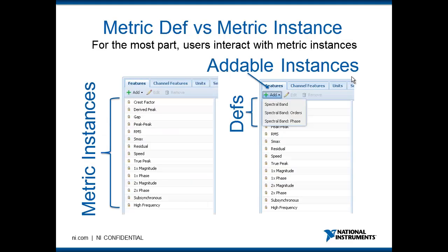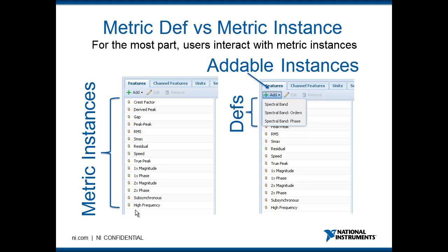So what I've done here is taken a screenshot of two tabs in the System Console section of the Systems Manager. This Features tab under the System Console shows an aggregate list of all the metrics that are available on any device for any channel in InsightCM. The important point here is that every one of these metrics in this list is an instance, of the instance component.